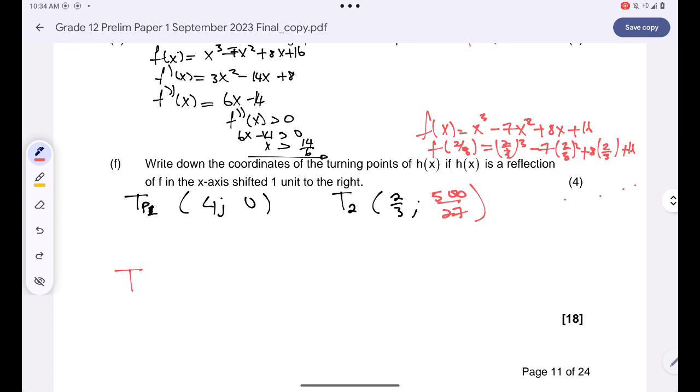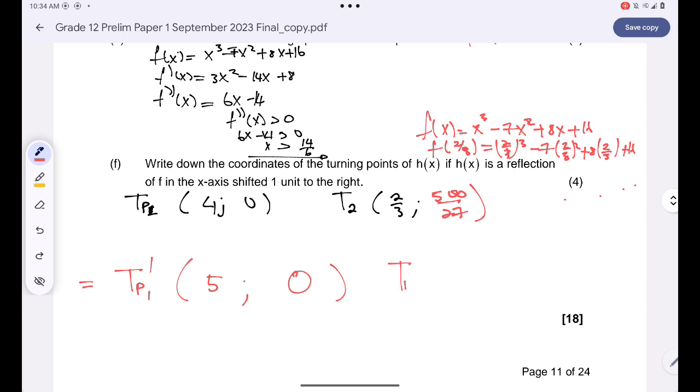Let me just say the image of turning point number 1. Firstly, if you are reflecting the graph on the x-axis, you are just changing the sign of y. So 0 is always 0. It doesn't matter whether you are reflecting or not. And then for the horizontal movement, they've just shifted the graph 1 unit to the right. So I'll say 4 plus 1, and then the answer will be 5.